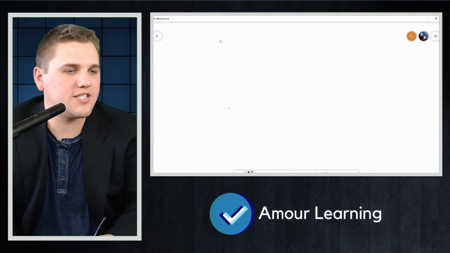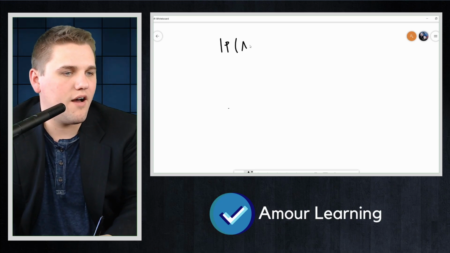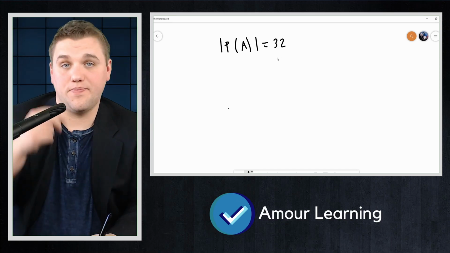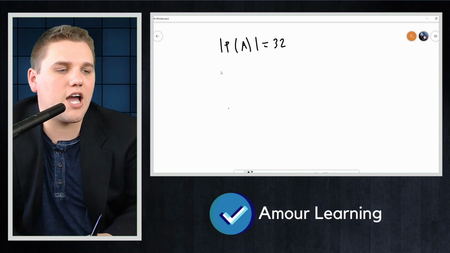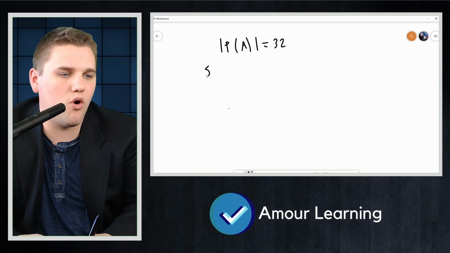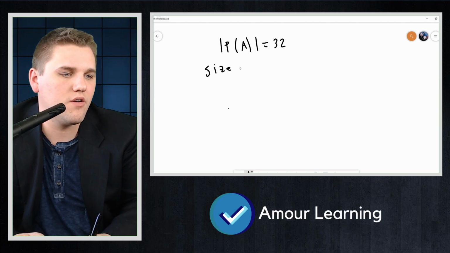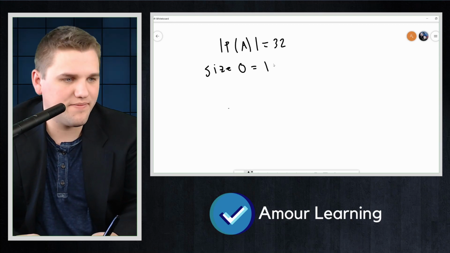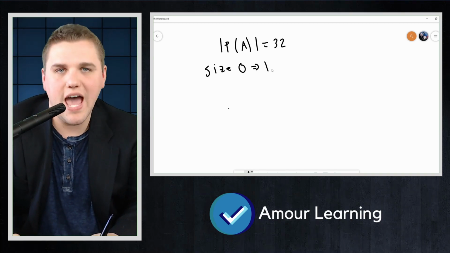Again, the size of the power set of A we said was 32. Now, let's talk about subsets that are size 0 or size 5. There is only 1 of size 0, which is the empty set.